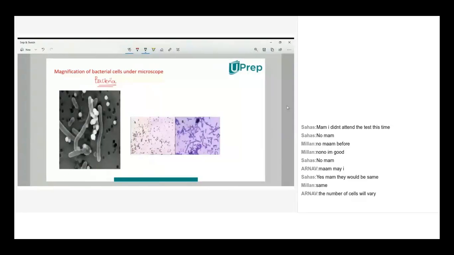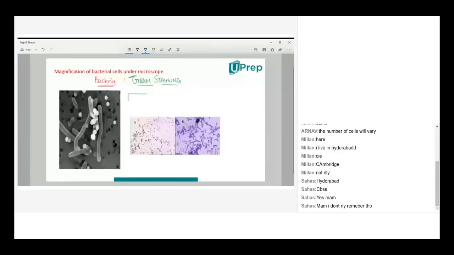How can all these things be known? For this process, there is a method called gram staining. Say you'll be having a glass slide like this. Transparent glass slides. You have to form a smear on this glass slide.